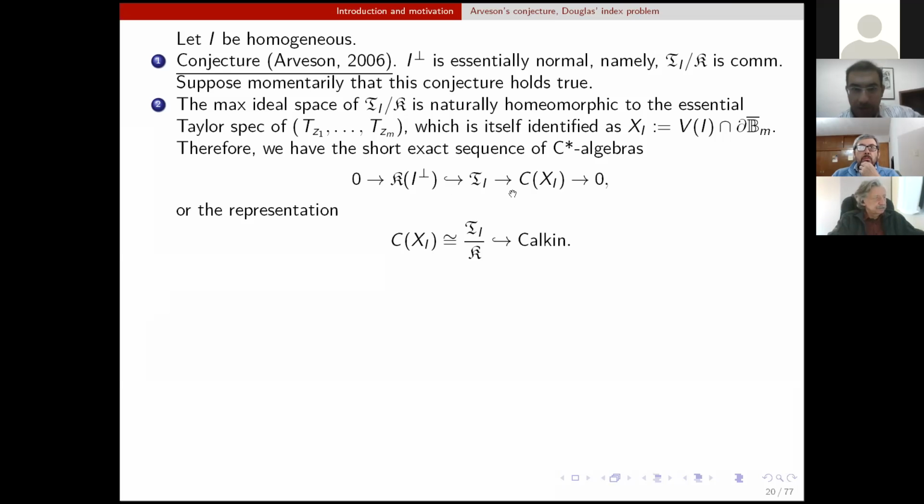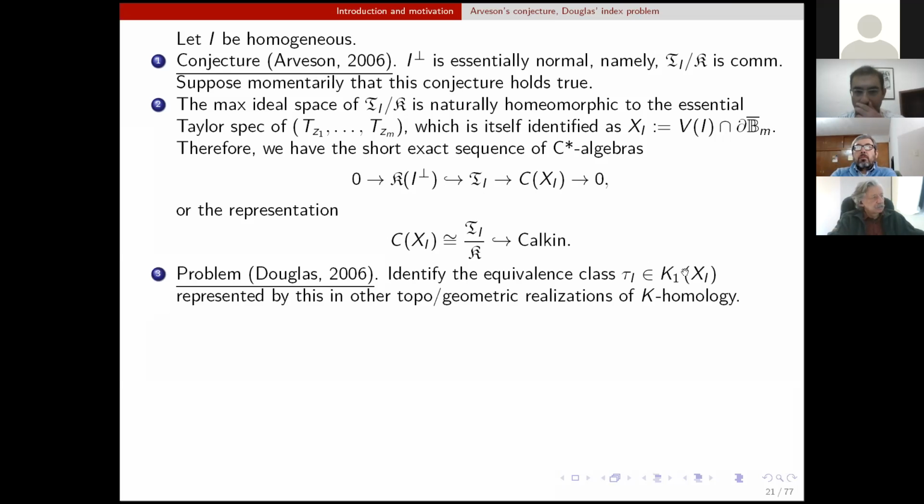Okay. But if this conjecture is true, then you get a short exact sequence like this. You get a representation of the C-star algebra of continuous functions on this intersection over the Calkin algebra, and that is an element of K1, the odd K-homology group of Brown, Douglas, and Fillmore.